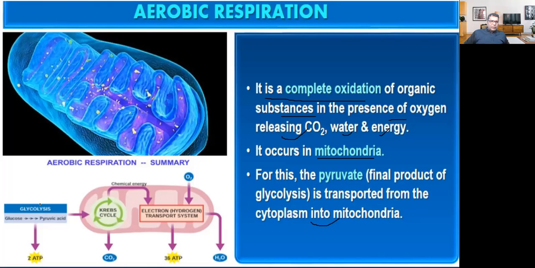In glycolysis, 2 ATPs are produced. Then in the Krebs cycle, carbon dioxide is produced. And then there is the electron transport system. 36 ATP are produced and water molecules are also produced. And here oxygen is consumed.